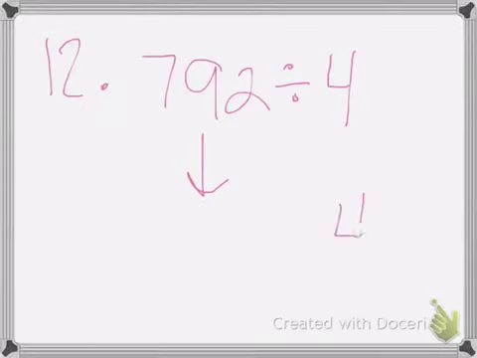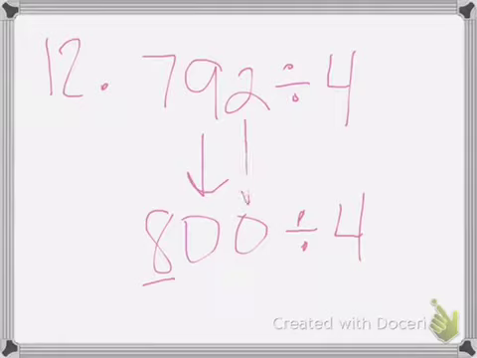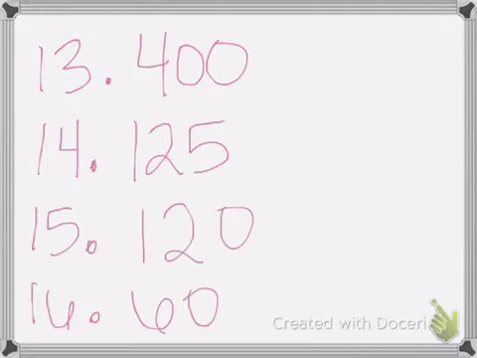Well, something that 4 can go easily into would be 8 or 800 because we have to make placeholders for the 9 and the 2. So your question would be, what's 800 divided by 4? And you would get what? 200. Excellent.